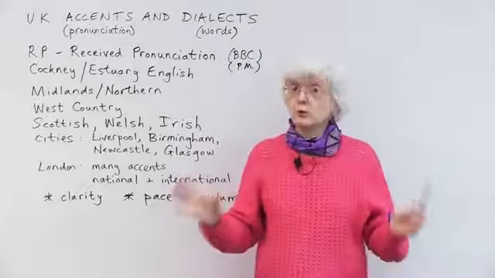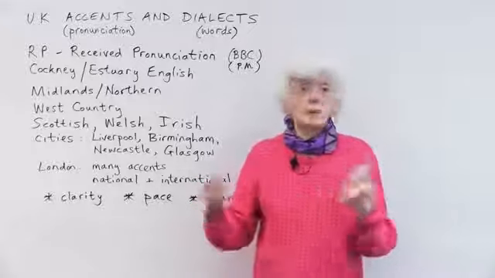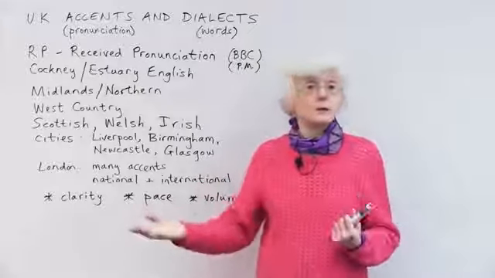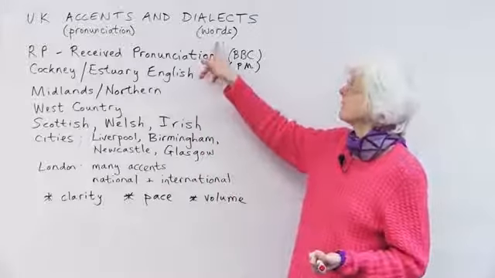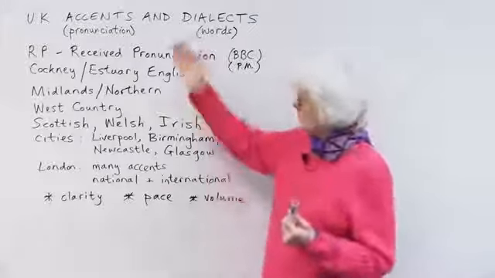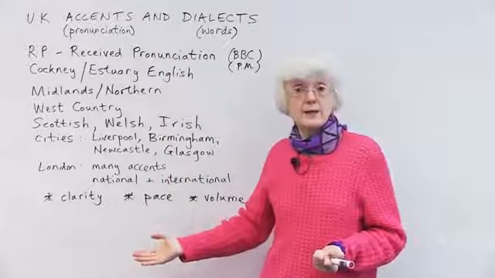It's not a national word, it's a local word that maybe people from other parts of the country won't even know what it means. So that's dialect. Okay, so let's just have a look through some of the accents that we have in the UK.